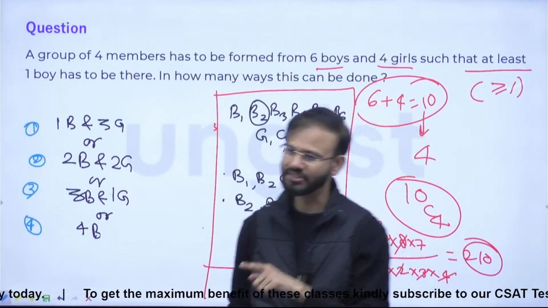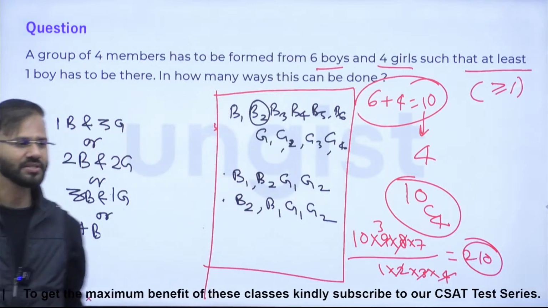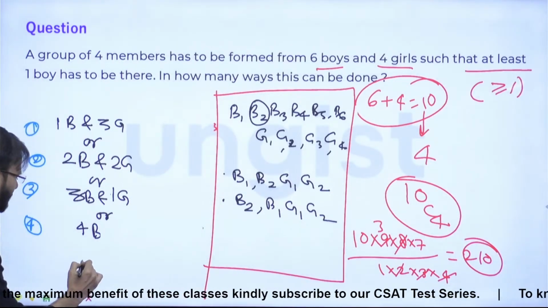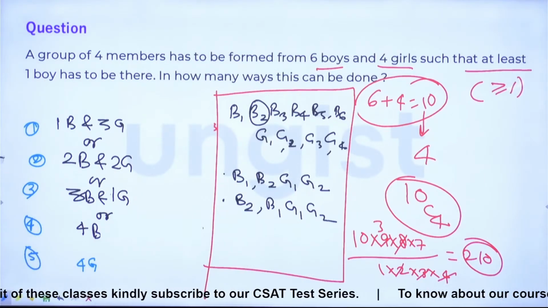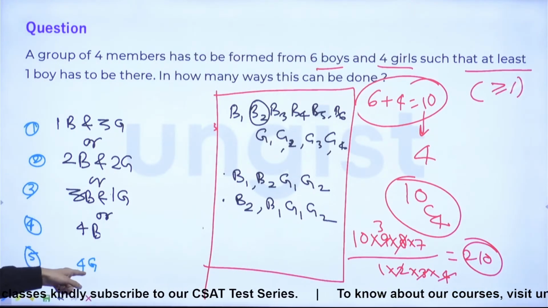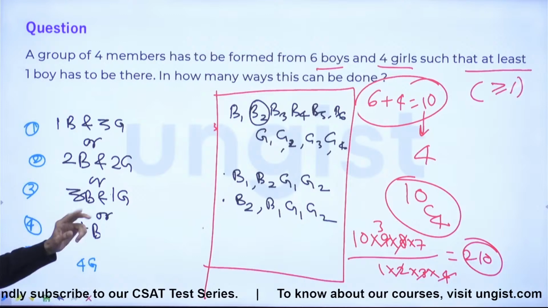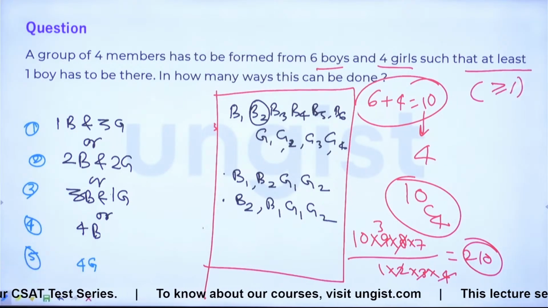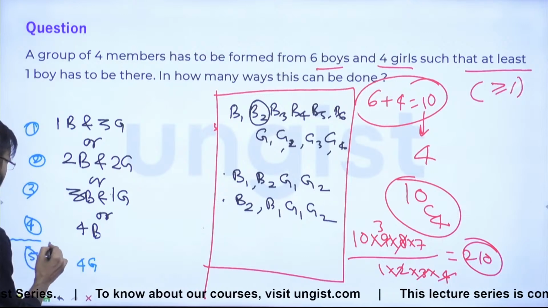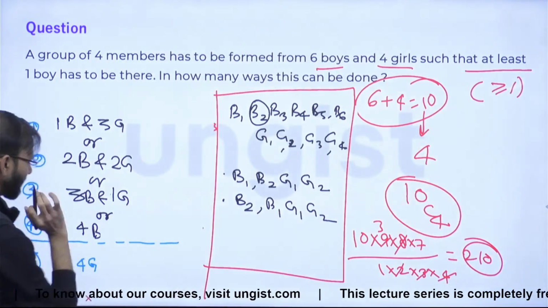If there is no restriction to select the 4 members, then you can get 4 girls also. Everyone, yes or no? This is not part of your actual question, fine. So let's separate it, fine.